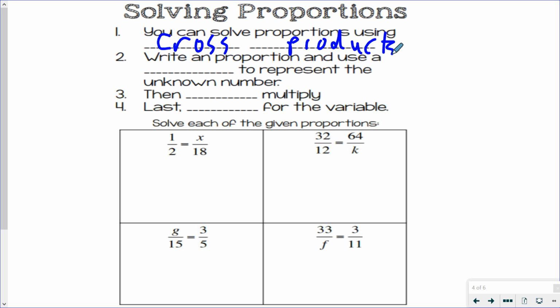Number two, you want to write a proportion and use a variable to represent the unknown. It does not matter what that variable is as long as you're using a letter of the alphabet. Number three, once you've let your variable be your unknown, then you want to cross multiply.